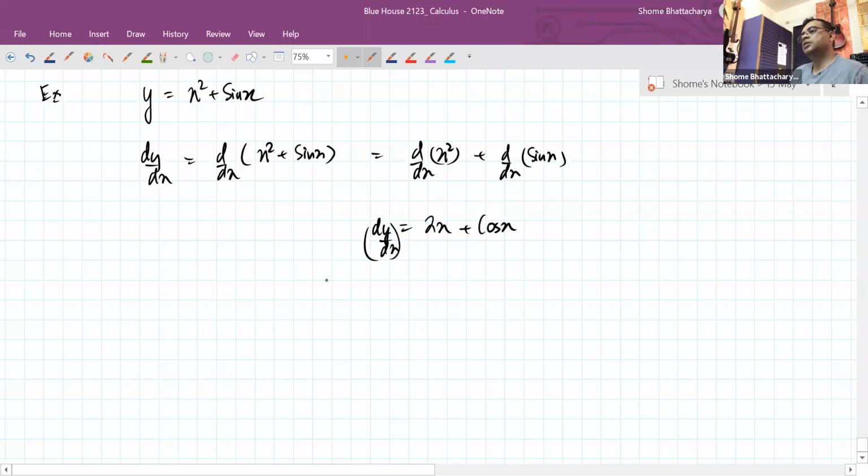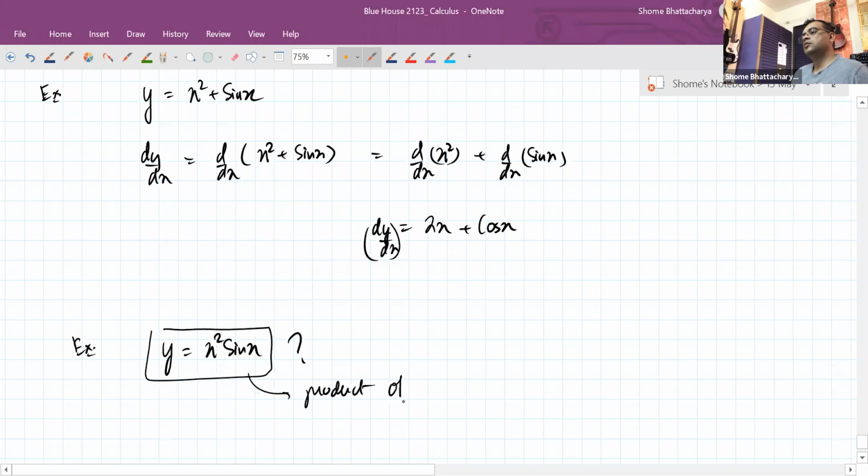Okay. But then what if we have an example like this? y is equal to x square into sine x. Then we have to use some other property. This is the product of two functions, x square and sine x, which are different types of functions.